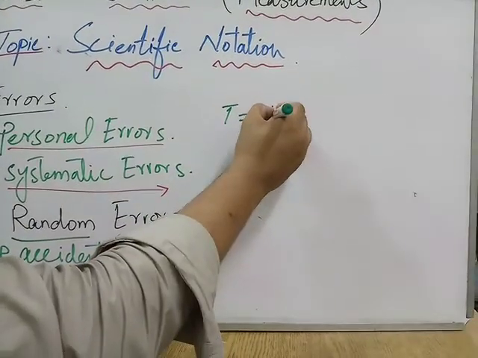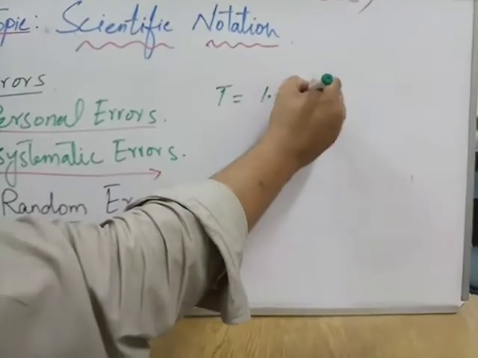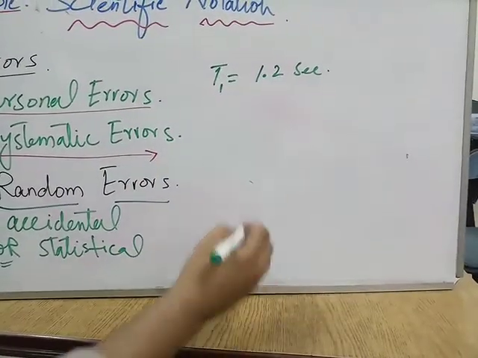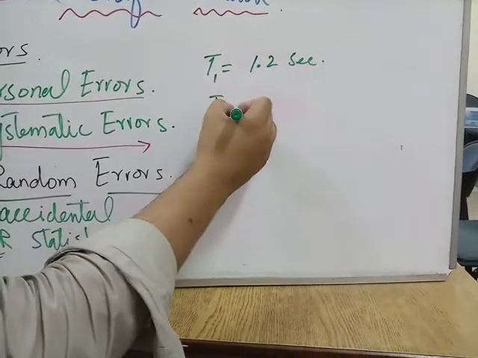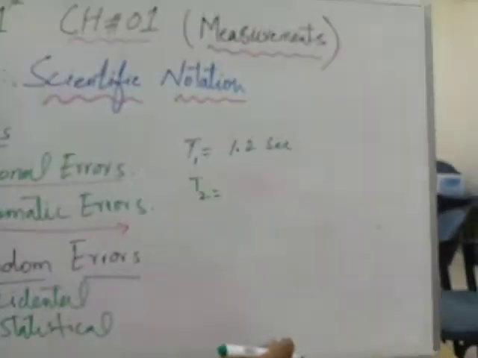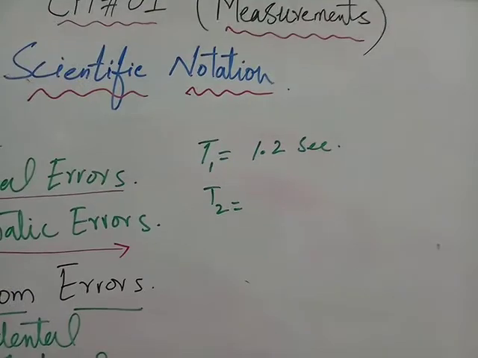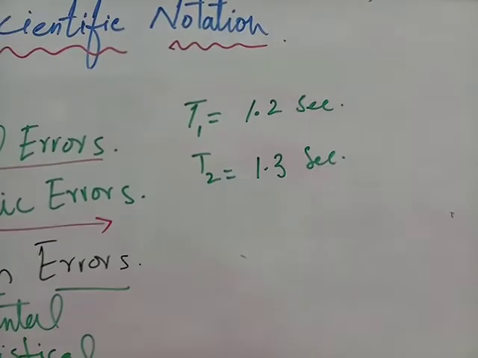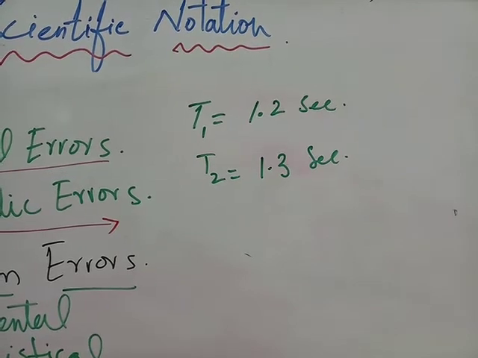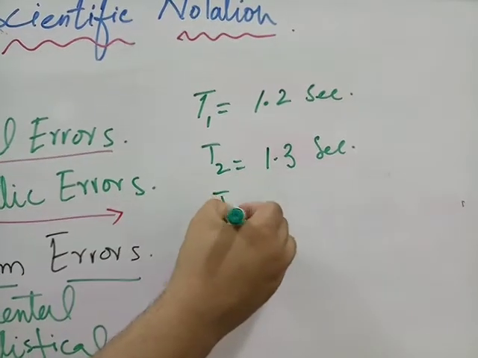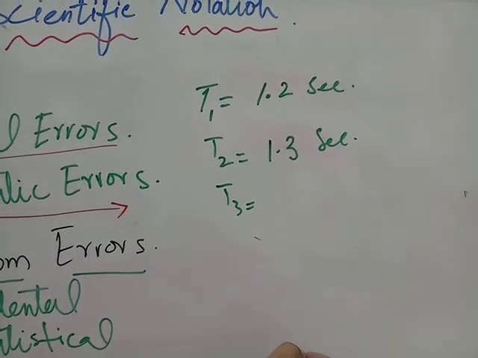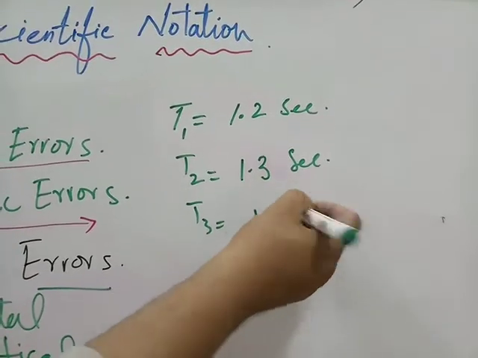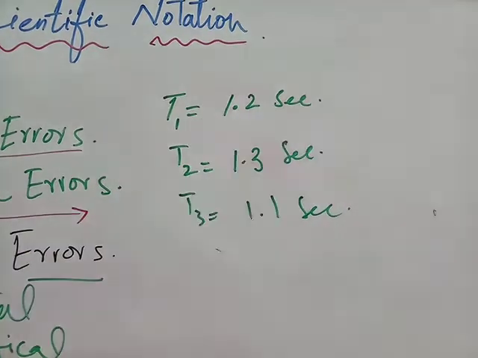The result of one student is 1.2 seconds, this is T1. Under the same conditions on the same apparatus, another student performs the experiment and the time period is 1.3 seconds.